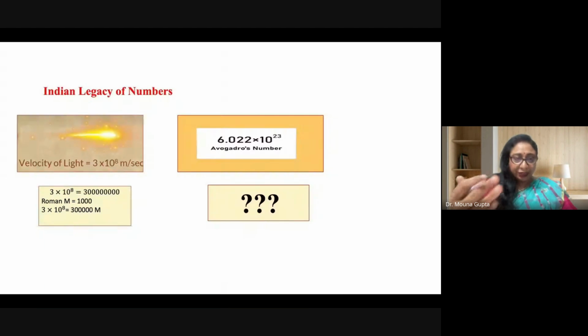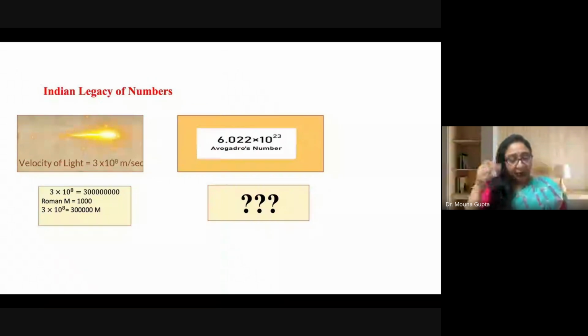And let us look at a few data points. We are all aware of the velocity of light. Velocity of light is 3 into 10 raised to power 8 meters per second. That means 3 followed by 8 zeros, right? And if we discuss Roman numerals, we are all aware of them.